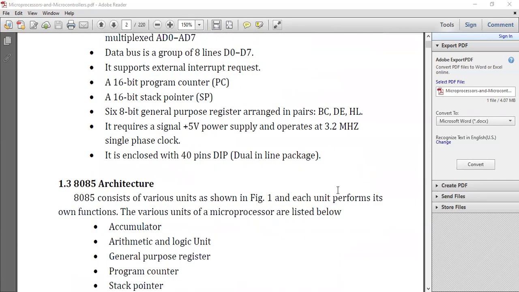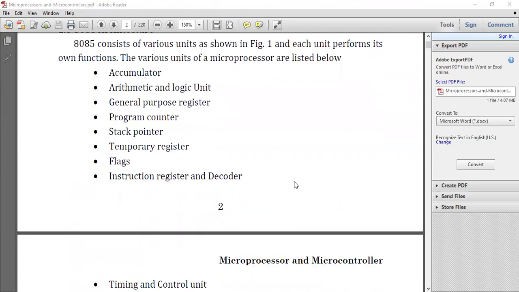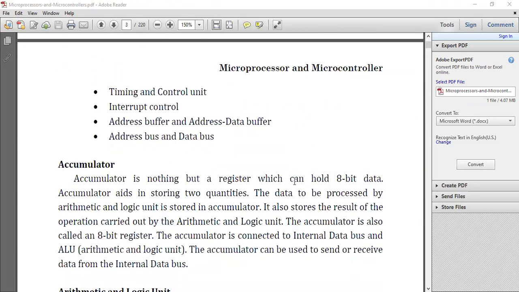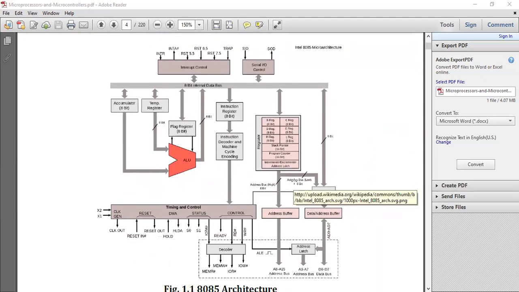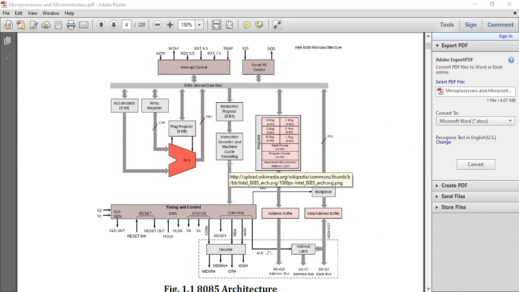Let us see the 8085 architecture. This is the 8085 architecture diagram. It consists of an accumulator, a temporary register, a flag register, instruction register, instruction decoder and machine cycle encoding.